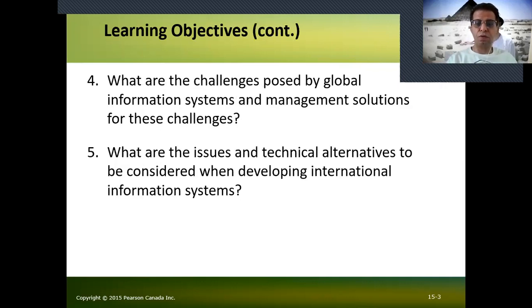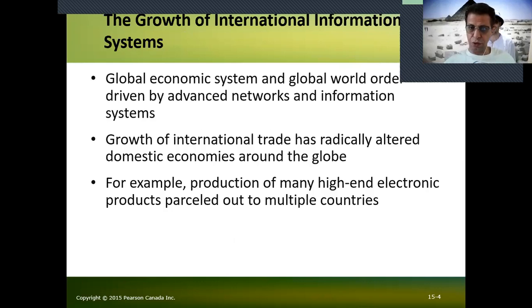And we will know what the challenges posed by a global information system are, and management solutions for these challenges, and what the issues and technical alternatives are to be considered when developing an international information system.